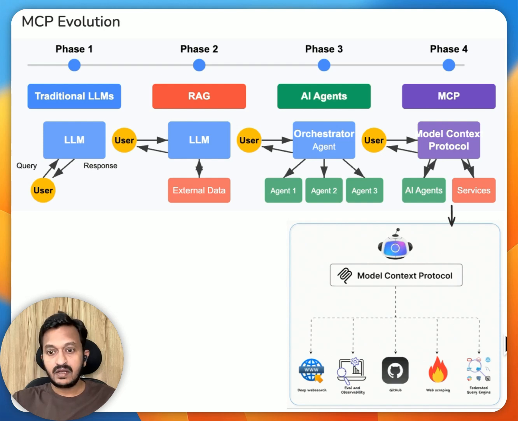And then came AI agents and agentic RAG, where multiple AI agents came together. An orchestrator agent coordinates multiple specialized agents, and we saw a collaborative approach to solving very complex problems. That's where agentic applications and agentic systems came into the picture.